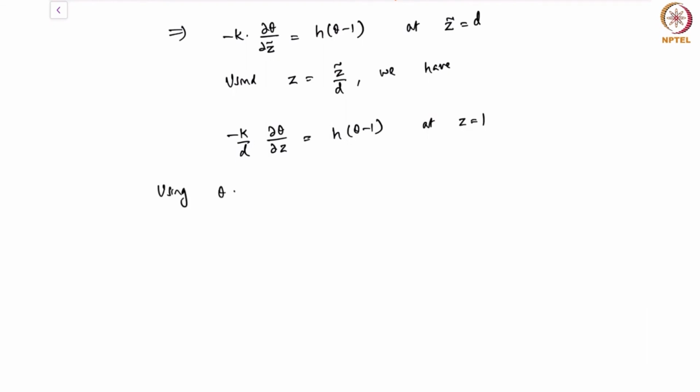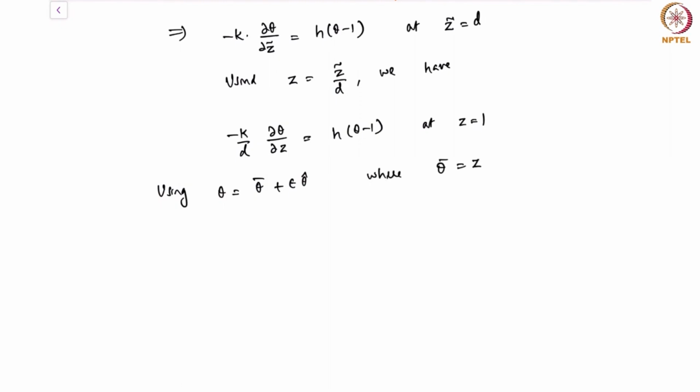the theta was a base state value plus a perturbation, and if I substitute this, the base state value essentially was z.